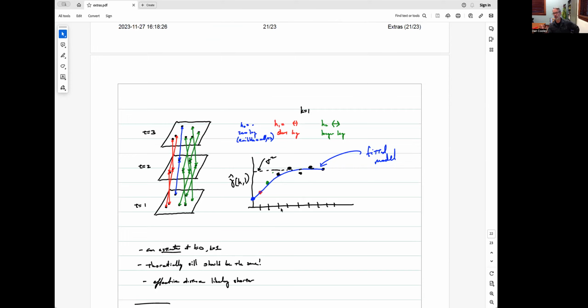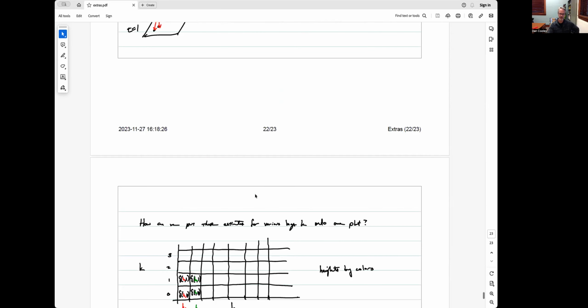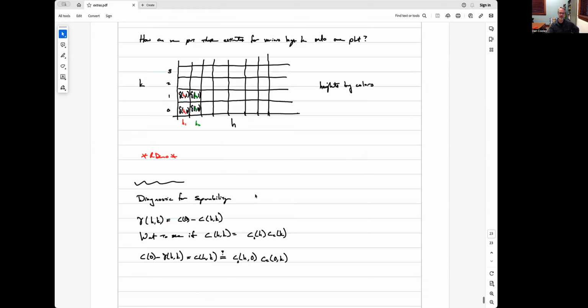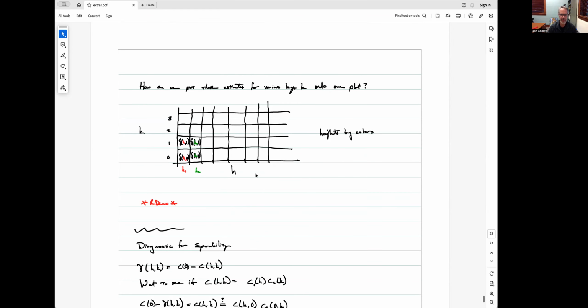And what we'd like to do is put that into one picture. How can we combine all that information into one picture? Well, the idea is something like this. Think of a variogram plot where we have our lag H in the horizontal direction as we have before.